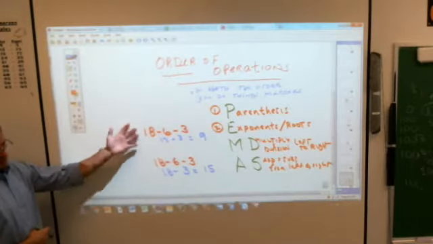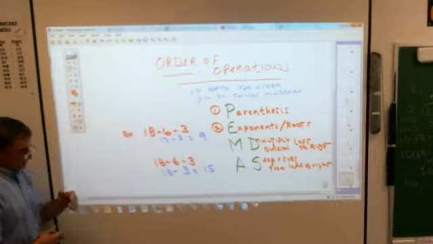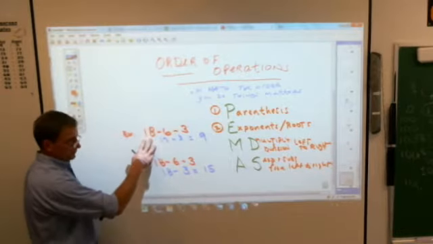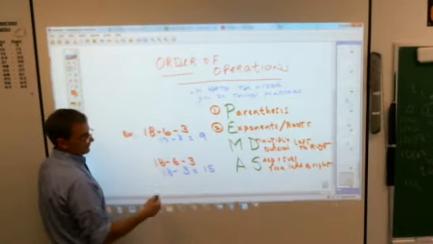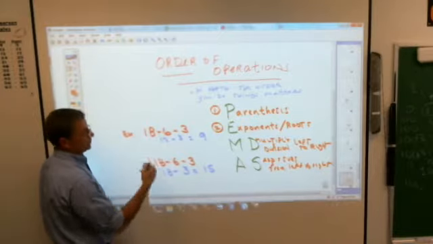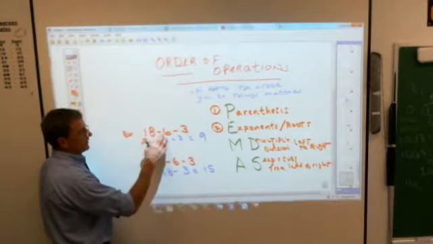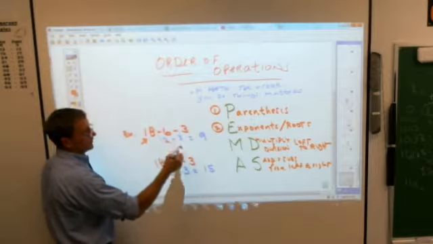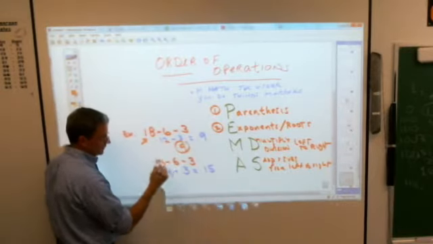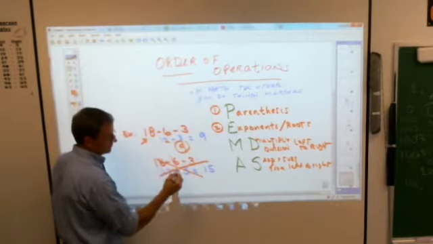So which of these would be the correct way to do it? Because these are both subtraction, you would do it from left to right. You can't pick the right one first. So this is the right one to do: you do 18 minus 6 first, which is 12, and 12 minus 3 is 9. This one is incorrect.